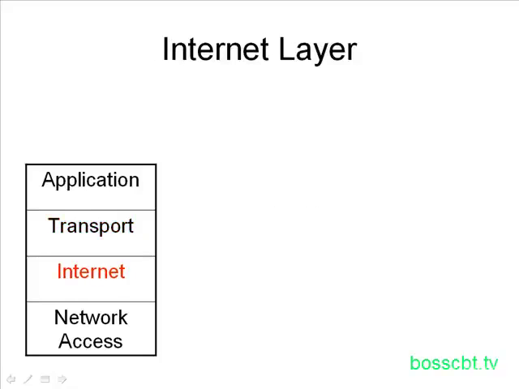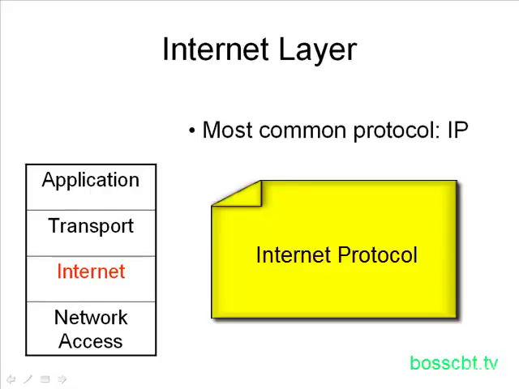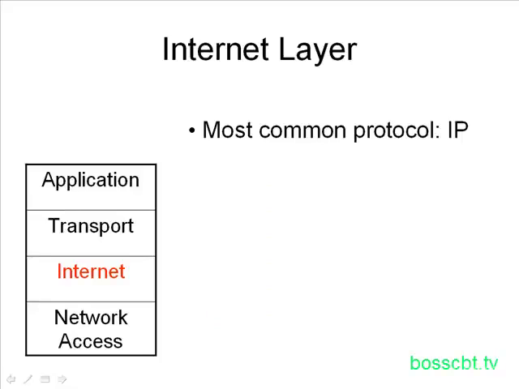Now, the internet layer has one protocol associated with it more often than any other one, and that is IP, the Internet Protocol. It is the protocol of the Internet and is probably the most widely deployed protocol in the world. So keep IP in mind when you associate protocols with the internet layer. And so the internet layer is concerned with end-to-end delivery of data.